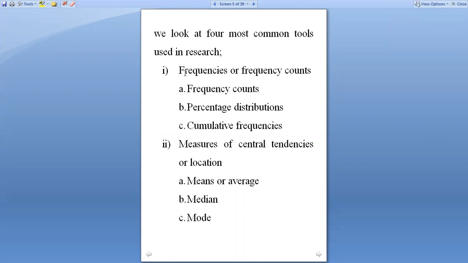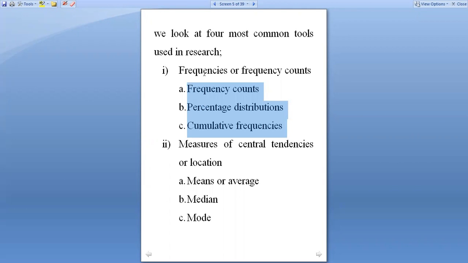Let me repeat. I have said descriptive analysis tools. We have grouped them into 4 categories: frequencies, measures of central tendencies, measures of dispersion, and skewness. Remember, these categories are not the tools, they are just the grouping.